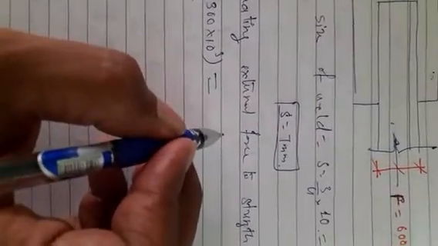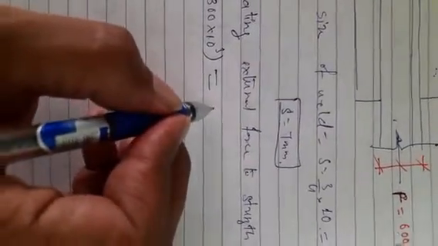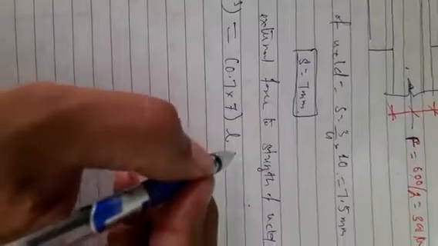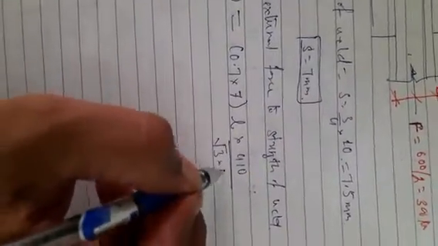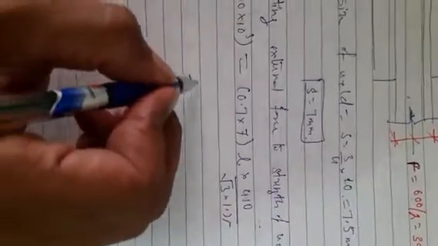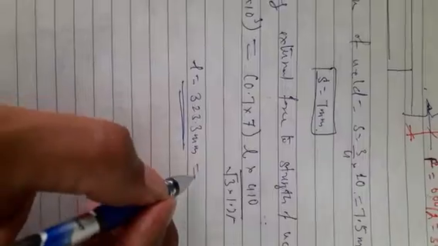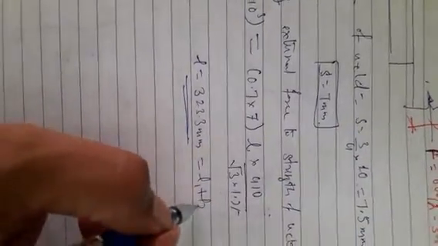This is equal to strength of weld of length L, so T into L into Fu by root 3 into 1.25. Throat thickness T is 0.7 into S. So S is 7 mm, size of the weld, into length L into 410 divided by root 3 into 1.25. Solving this you get length is equal to 323.3 mm.